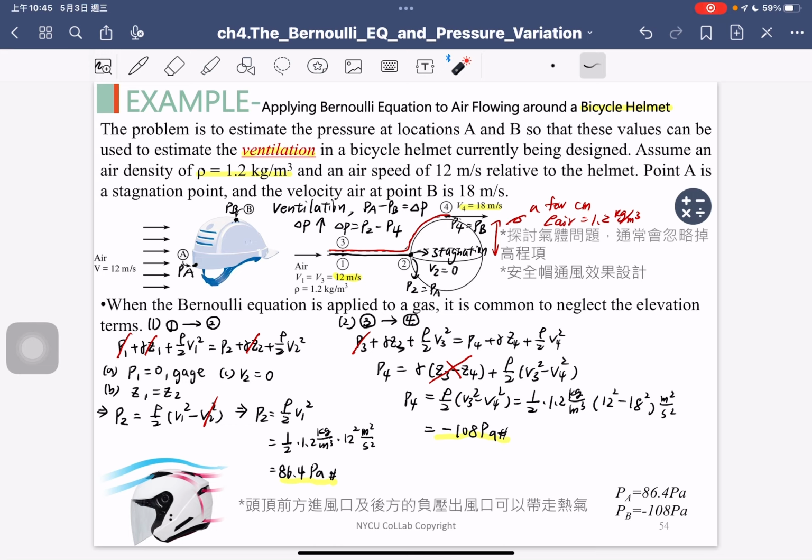That's a very famous exercise when we design the helmet: we consider how large the pressure difference is between the middle and the top of the helmet, and we have different qualities of helmet with different prices. So that's the idea of applying the Bernoulli equation to the helmet ventilation problem.